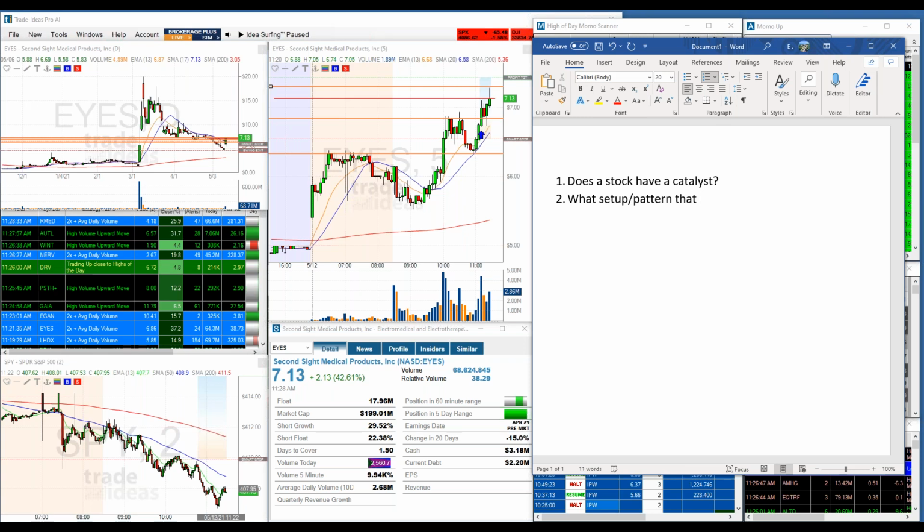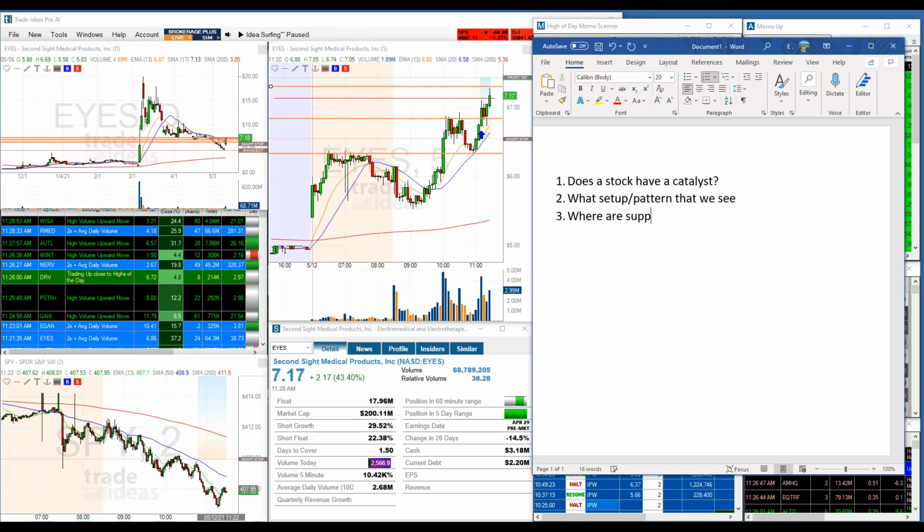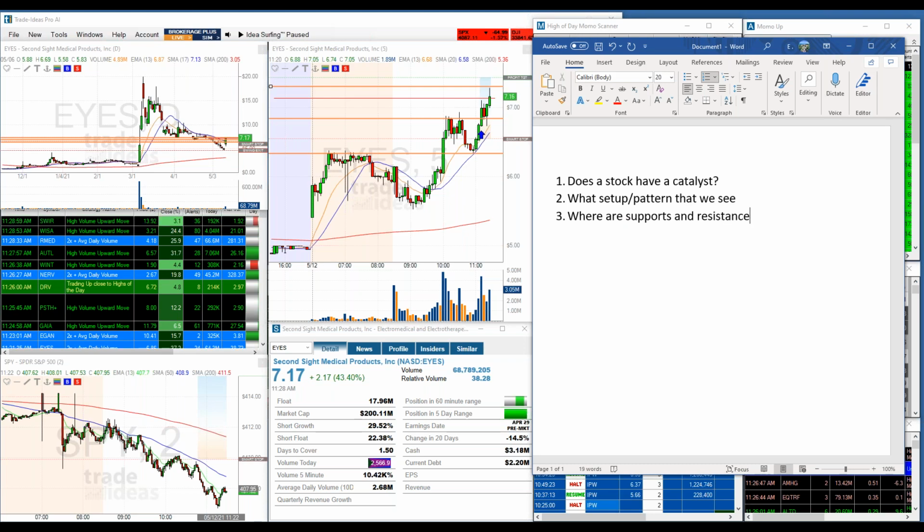And we see, where are support and resistance? Actually there's three: price action.